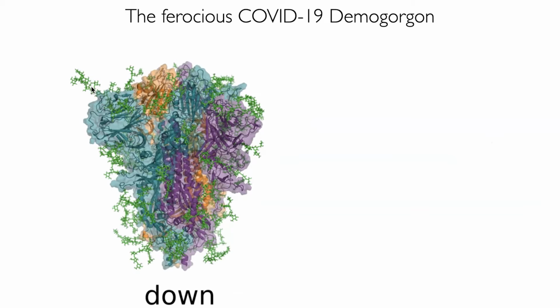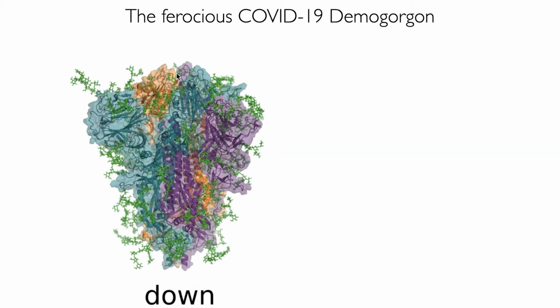And the green is sugars that decorate the surface of the protein, another defense mechanism that I won't go into. The bottom of this complex is where this thing is tethered to the surface of the virus. The top is where it's going to be potentially binding to a protein called ACE2 that is on the surface of potential host cells like many human cells.